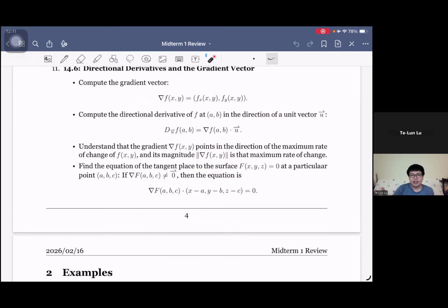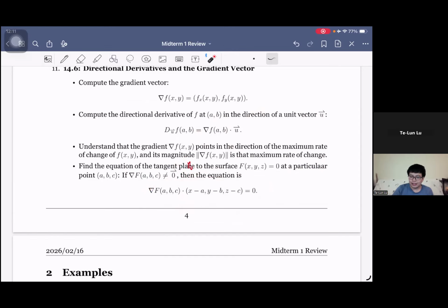And also with that kind of understanding, we have this very nice formula: on a level surface f(x, y, z) = 0, if the gradient vector nabla f(a, b, c) is non-zero, then the equation of a tangent plane, okay, I have to fix this typo. The tangent plane is actually given by this guy.